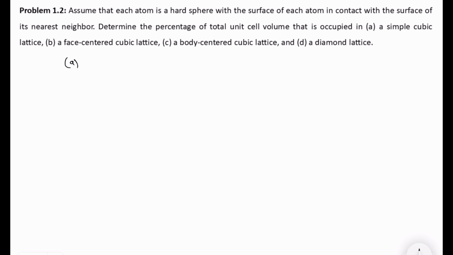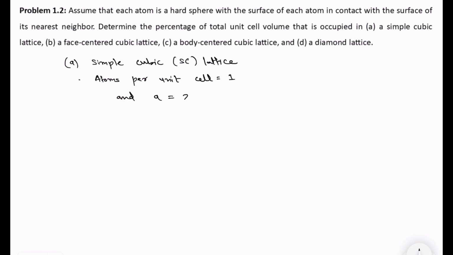A simple cubic lattice: atoms per unit cell is equal to 1 and a is equal to 2r for the simple cubic lattice.